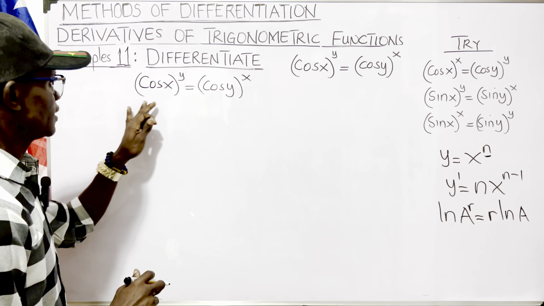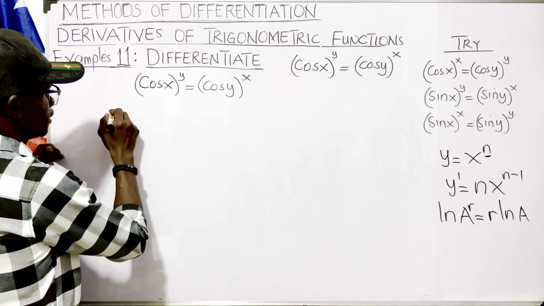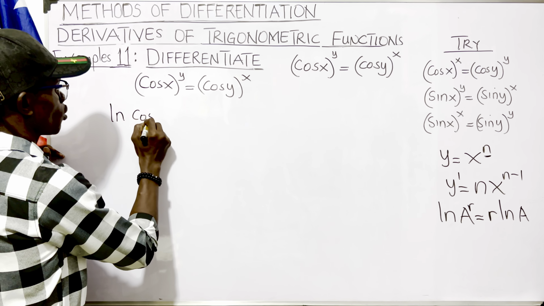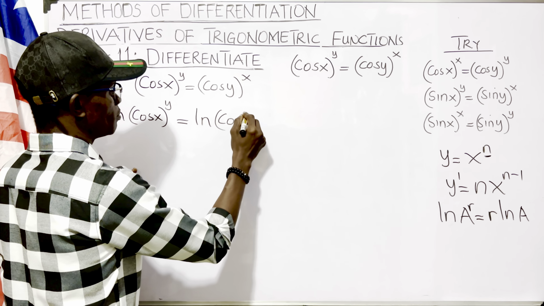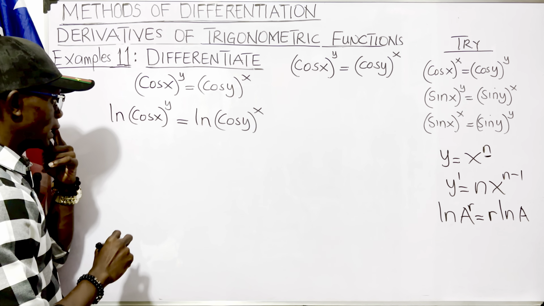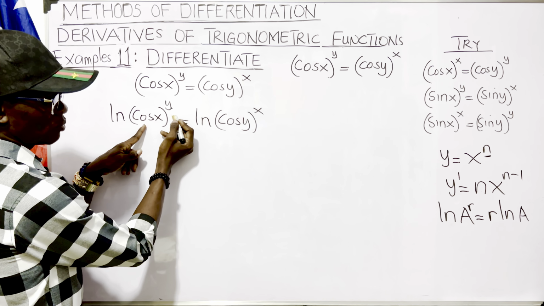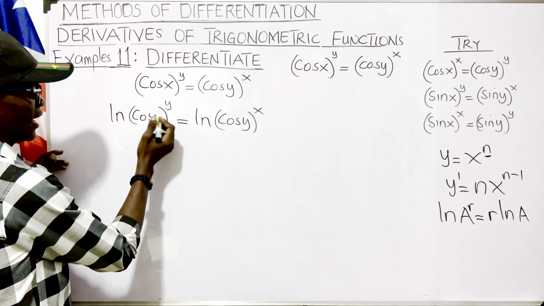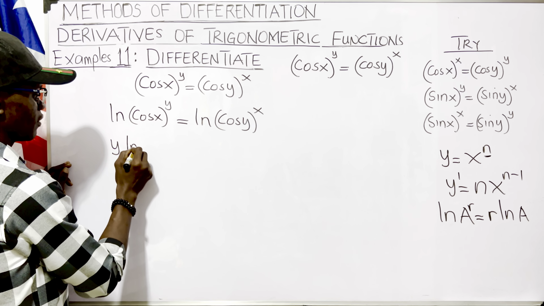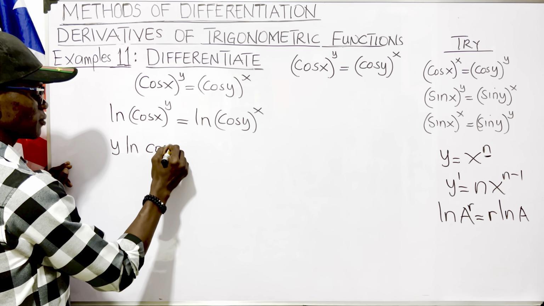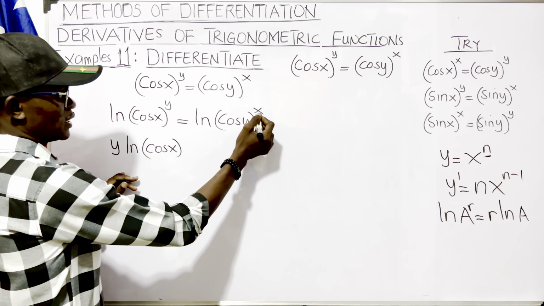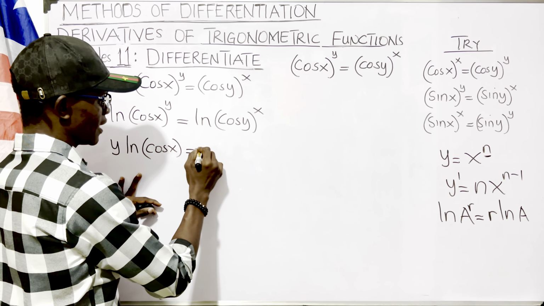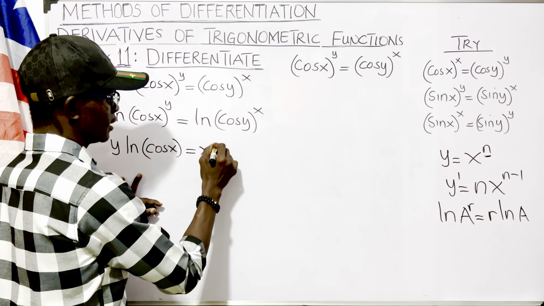So if we apply the ln on both sides, take the ln of cos of x raised to the power y, and the ln of cos of y raised to the power x, we know that this is a raised to the power r, so this r can just drop, which is y now. So y drops, we have y ln of cos of x. This x also comes behind. We have x ln of cos of y.